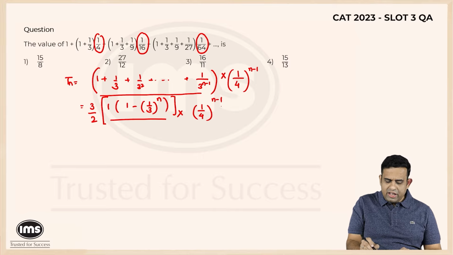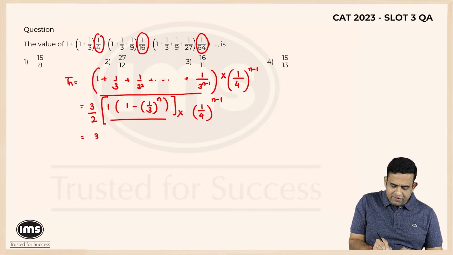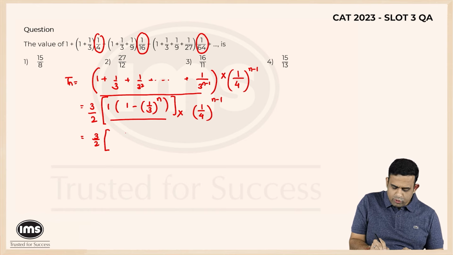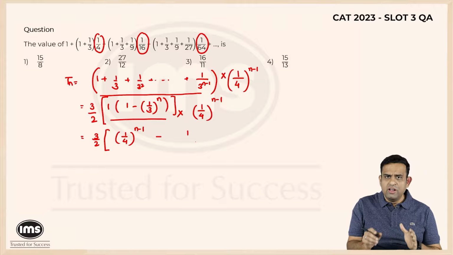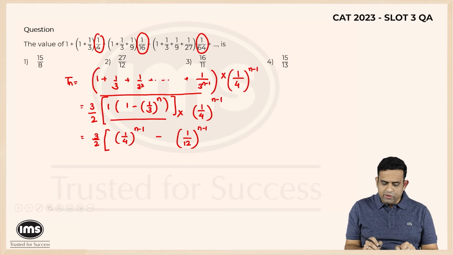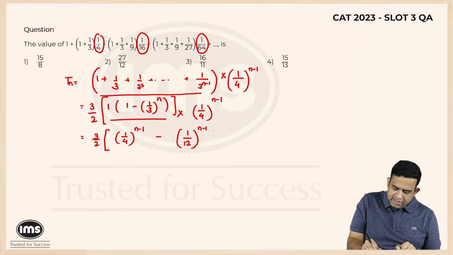So now let's multiply, and what is going to happen over here is we have a 3 by 2 here. If you multiply 1 into that 1 by 4, so 1 by 4 raised to n minus 1, minus this particular part, if you look carefully, 1 by 3 into 1 by 4 will become nothing but 1 by 12 raised to n minus 1. So if I have to do this, then in that particular case, I need to multiply here by 3.